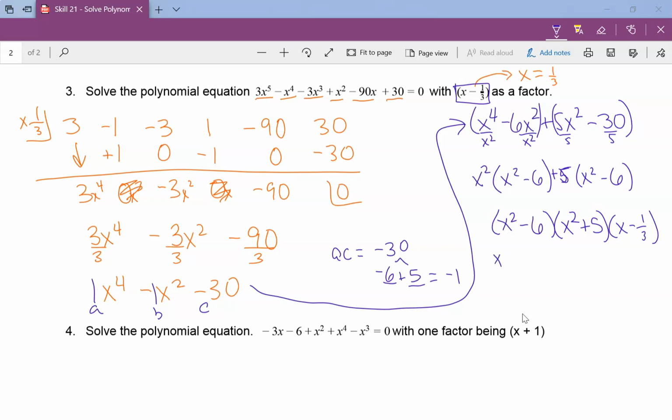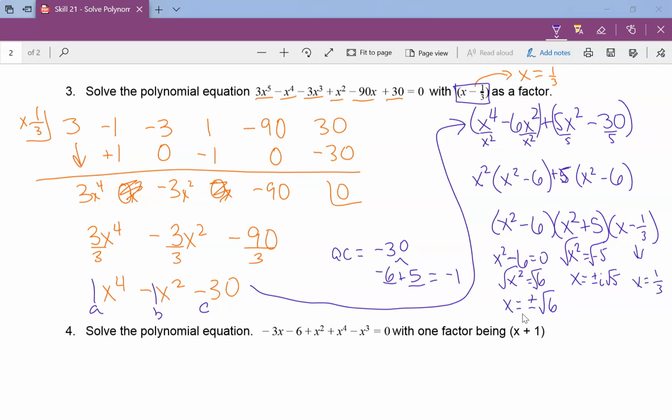Alright, so x squared minus 6 equals 0, so we get x squared equals 6, so x equals plus or minus radical 6. Next one, we'll have x squared equals negative 5, so x equals plus or minus i radical 5, because we're taking the square root of a negative. And this last one, we're going to have x equals 1/3.